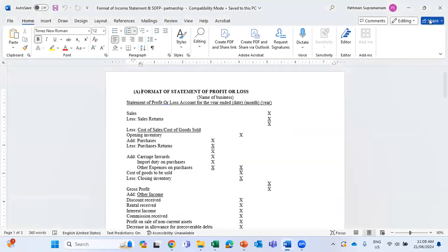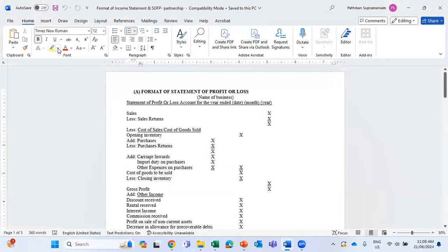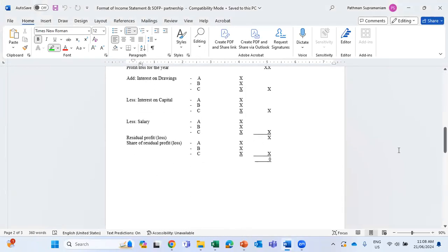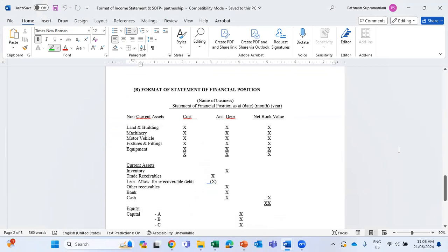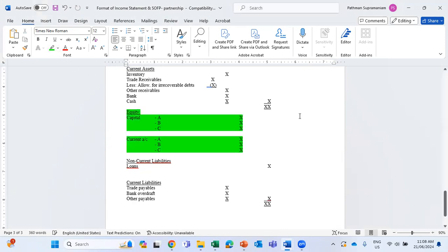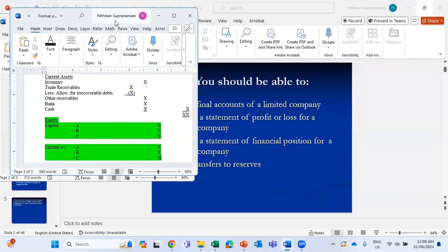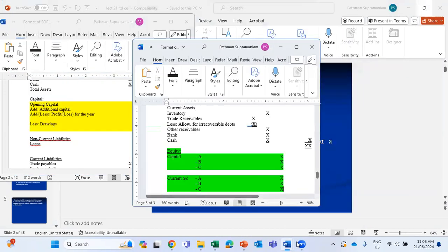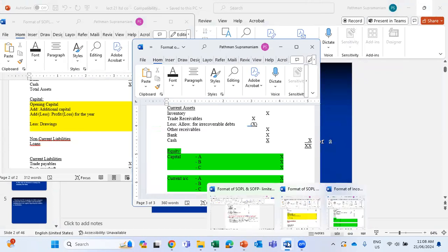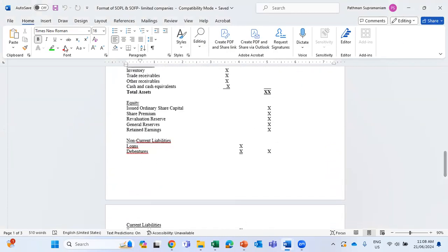And then we have partnership. This is the way we write it for a partnership. And then finally, we have the limited company.